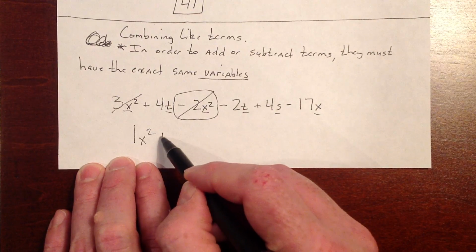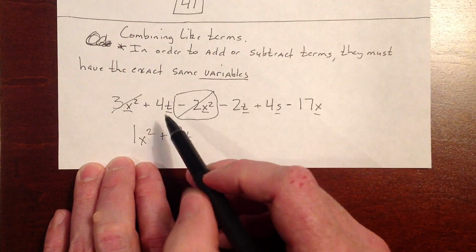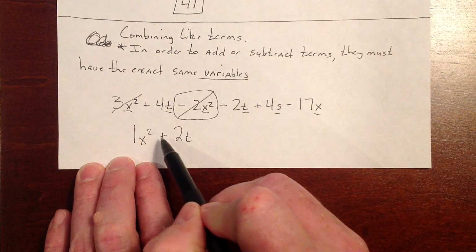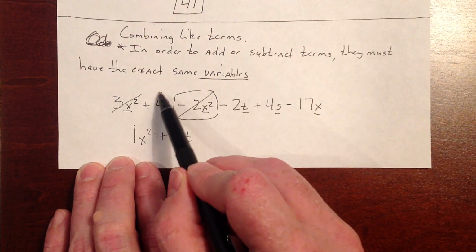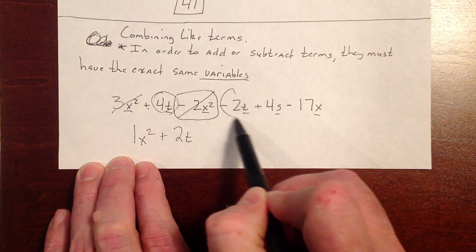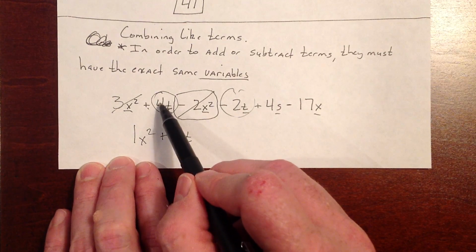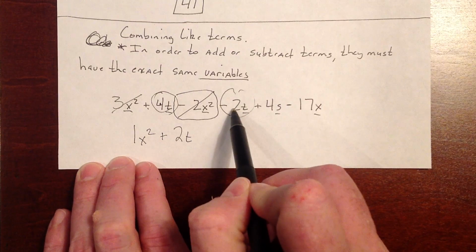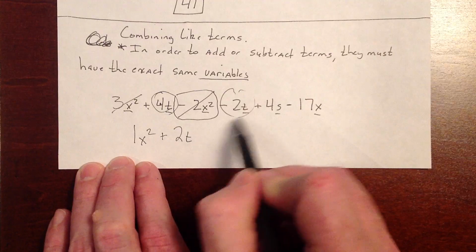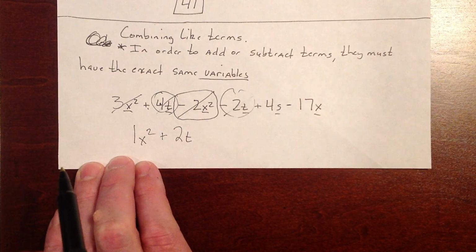So we add plus 2t. Now keep in mind that we keep that a positive, not because that's positive, but because the combination of this and this, when we do our math, we just do the math with the coefficient, which is 2 and 4 here. 4 minus 2 is 2, a positive 2, and we keep the t. So we're done with that guy, and we're done with that guy.